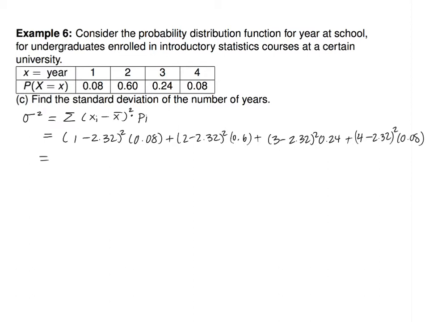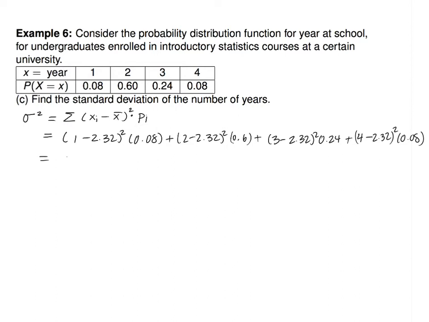And that comes out to be, try to punch it into your calculator in one go instead of a little piece at a time, 1 minus 2.32 squared times 0.08 plus 2 minus 2.32 squared times 0.6 plus 3 minus 2.32 squared times 0.24 plus 4 minus 2.32 squared times 0.08.